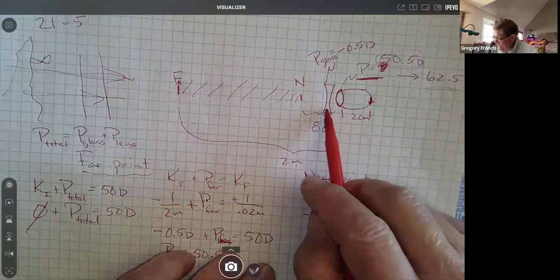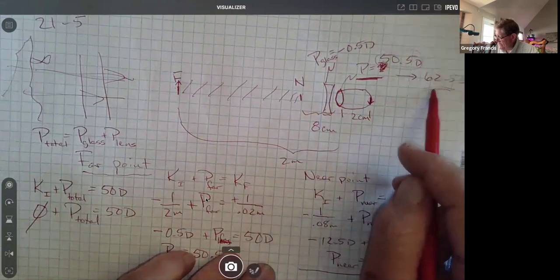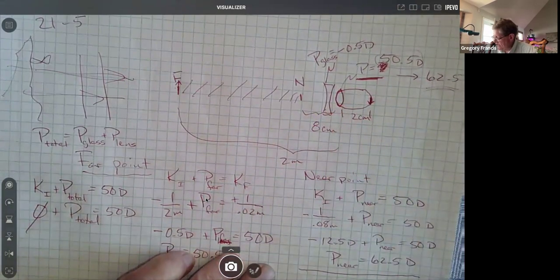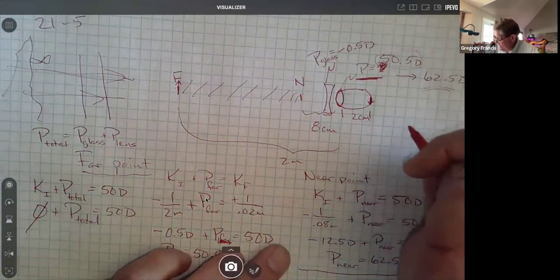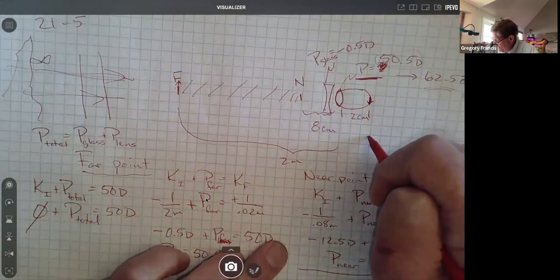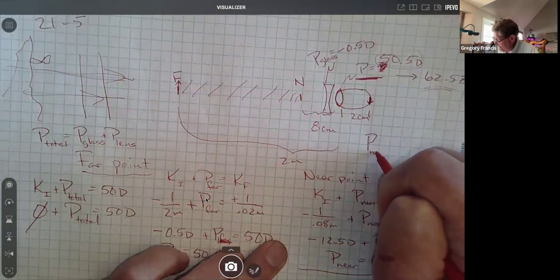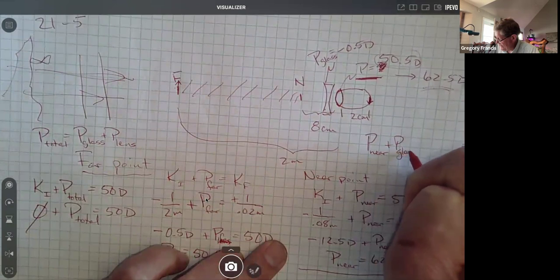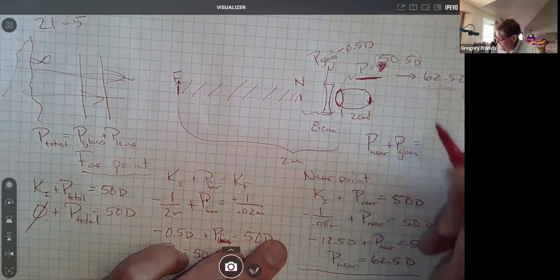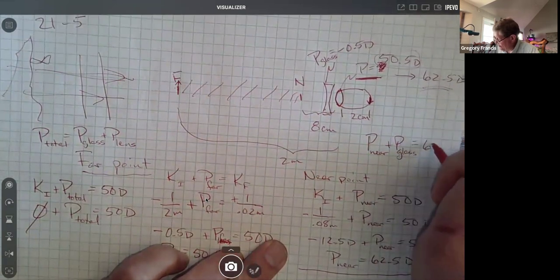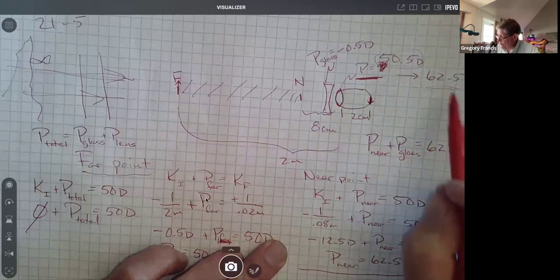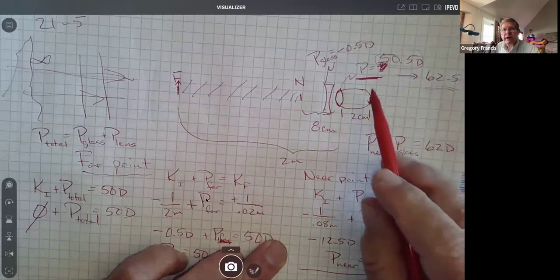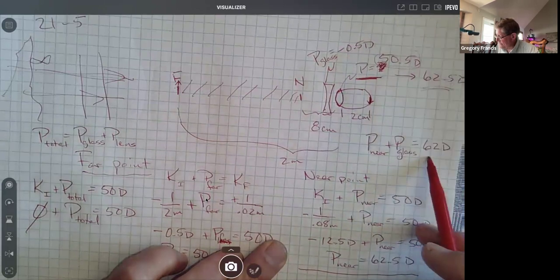If I add the glasses to it, that means the total power would be 62. Okay, so the power near plus the power of the glasses is 62.5 plus the negative 0.5, which gives me 62.